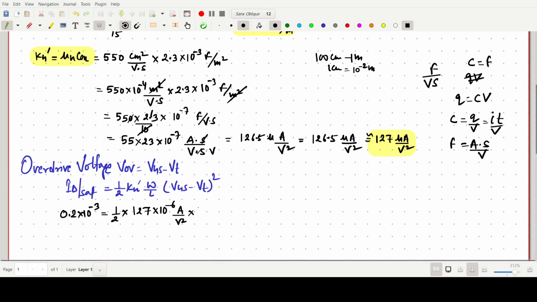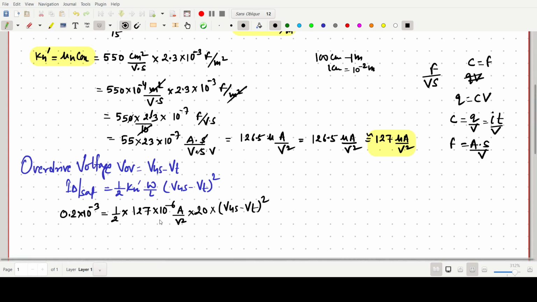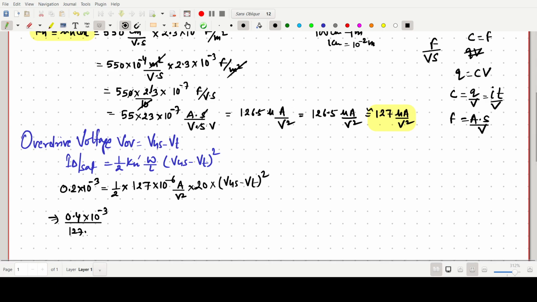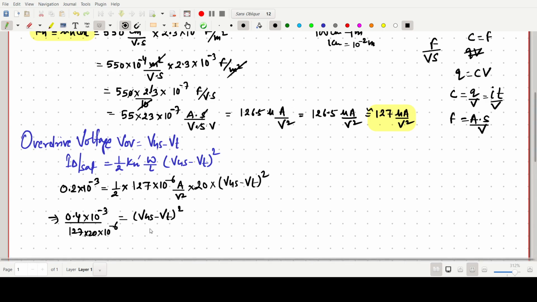So simply multiply with 20, VGS minus VT whole square. So now we have to solve this one. So we can write 0.4 into 10 to power minus 3 divided by 127 into 20 into 10 to power minus 6. Simple calculation, VGS minus VT whole square.